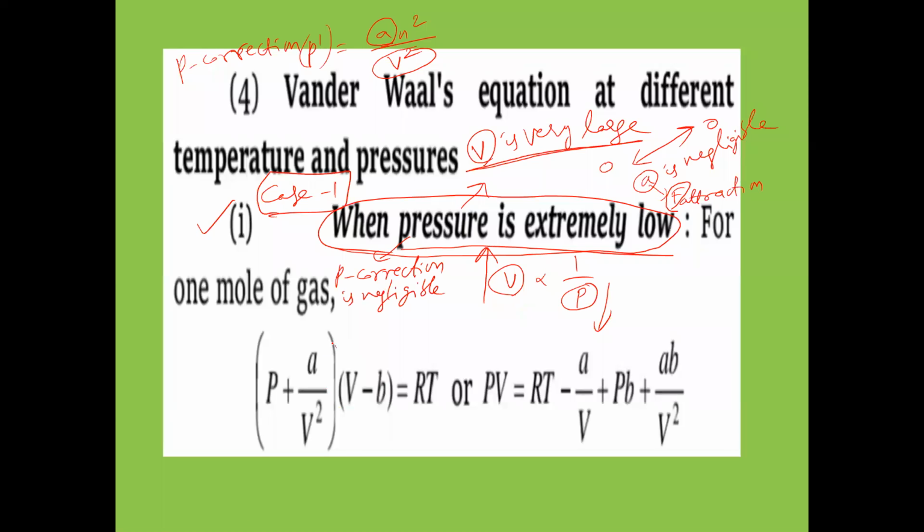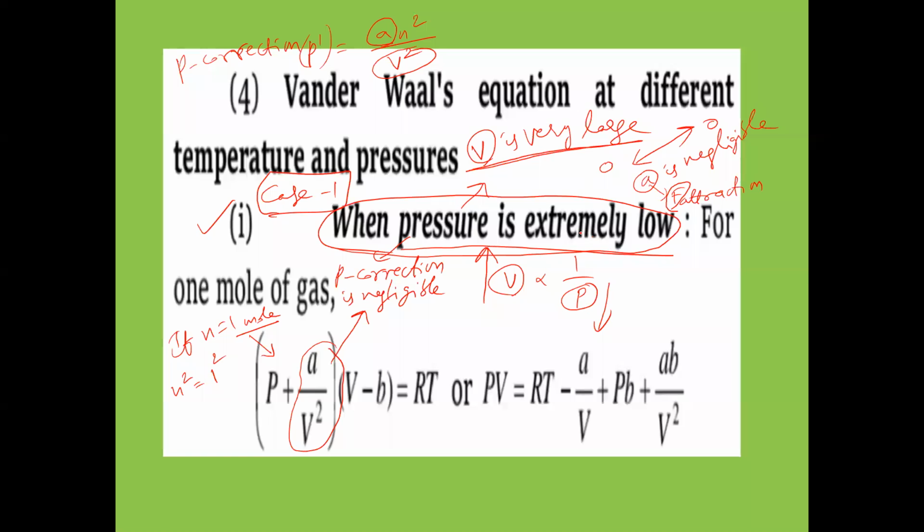That means this A n square by V square: if you take 1 mole, n square becomes 1 square, which is 1. So A into n square becomes A into 1, A by V square for 1 mole. For 1 mole of gas, this A by V square need not be written. So pressure correction is negligible.